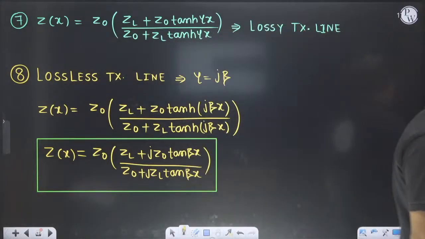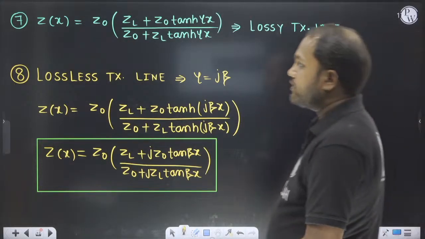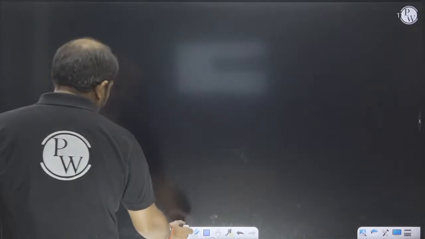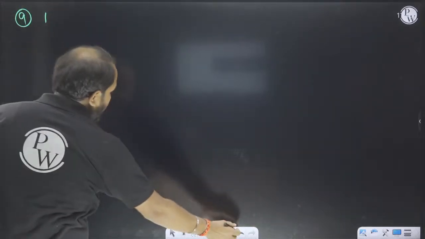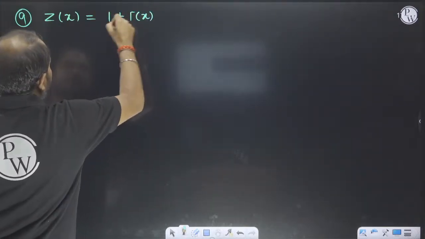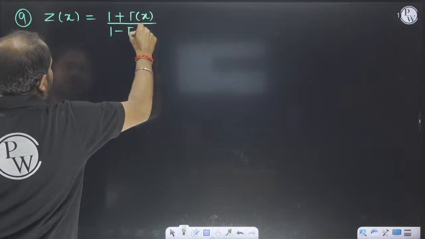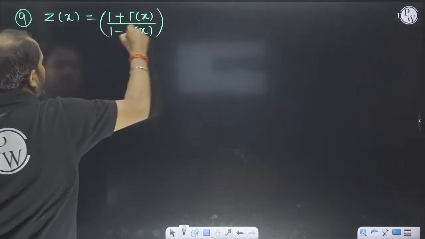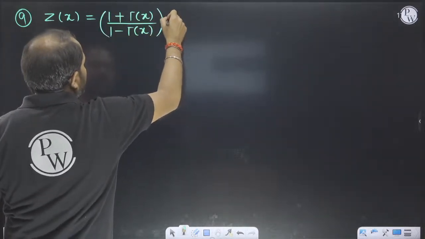Then we are going to study the reflection coefficient in terms of impedance and impedance in terms of reflection coefficient. This is the ninth point. I am going to derive it, but you have to remember it, because I will ask for Zx. Zx is equal to Z0 (1 + Γx) divided by (1 − Γx).